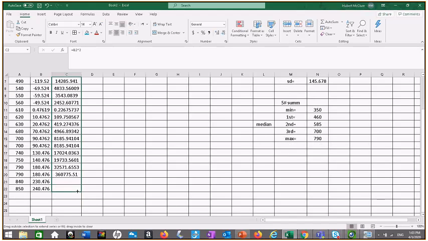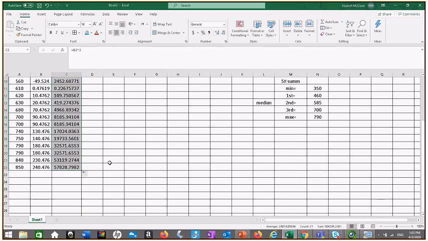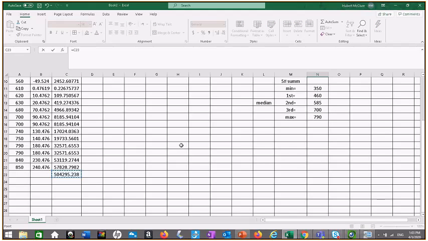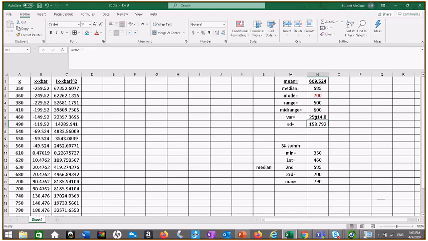Y'all check my numbers, please, and say something if something's wrong. Summation and enter. And let me check to make sure that this is equal to this divided by 20. All right, that should be my variance and my standard deviation now.